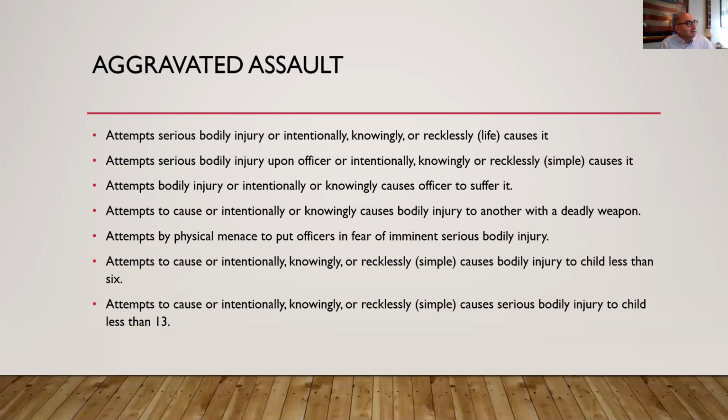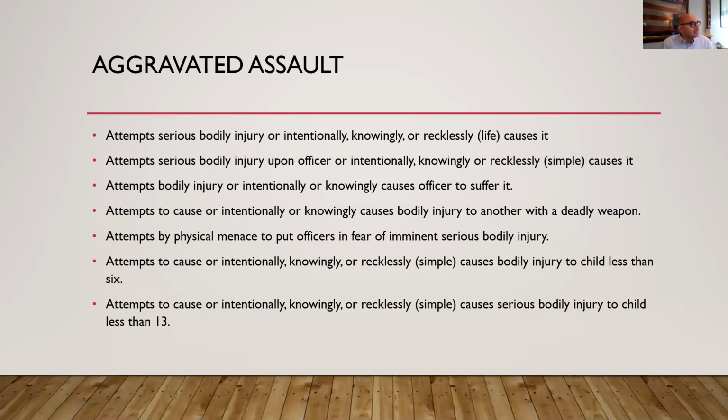The distinction between 1 and 2 in this is the difference between reckless bodily injury, recklessly with regard to the risk to life, or simple recklessness. And there, if your assault is upon an officer, simple recklessness will do for serious bodily injury, whereas for everyone else, it's got to be recklessness with regard to the possibility of killing someone.